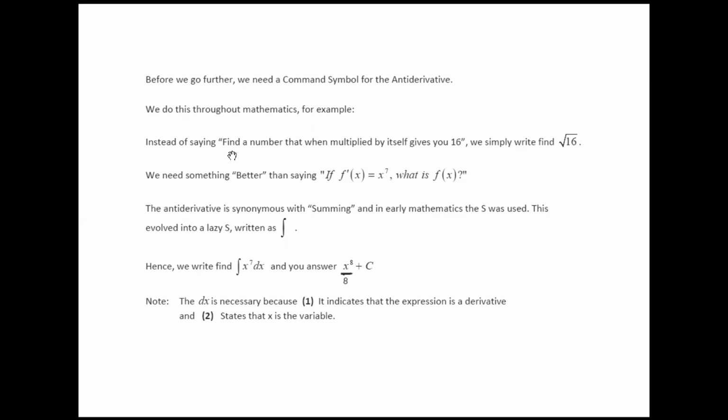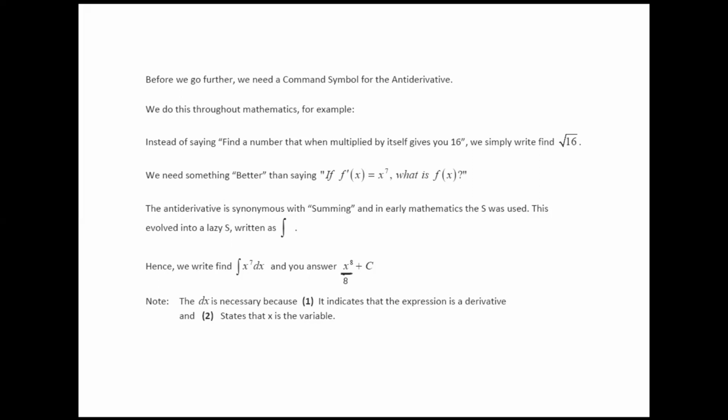We take sentences, verbal sentences, and convert them into sentences with special math notation. So we want to do the same thing here with the antiderivative. Rather than say, if f prime of x is x to the 7th, what is f of x? Let's see if we can come up with a notation that is acceptable. The antiderivative is synonymous with summation.